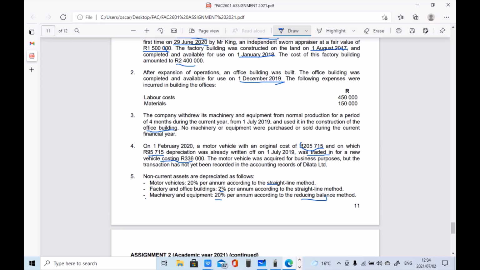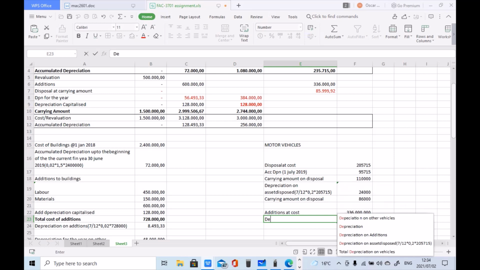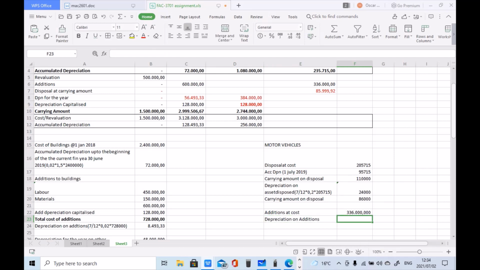So we calculate from 1 February 2020 up to the end of the current financial year, which is 30 June 2020, and that's February, March, April, May, June. So that's 5 months. So we're going to calculate depreciation on additions, and that is going to be the 336 times 5 over 12 multiplied by the depreciation rate of 0.2. So that's the depreciation on additions.